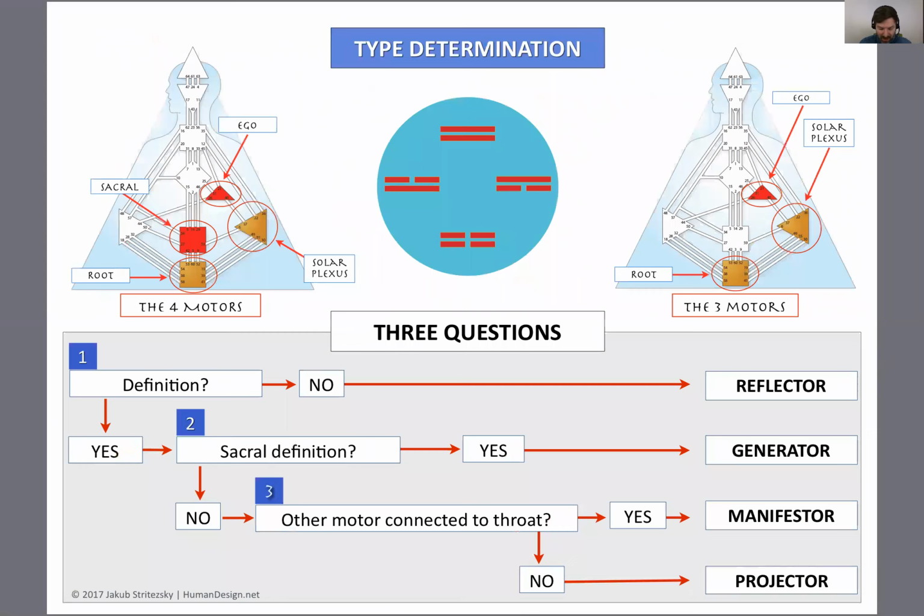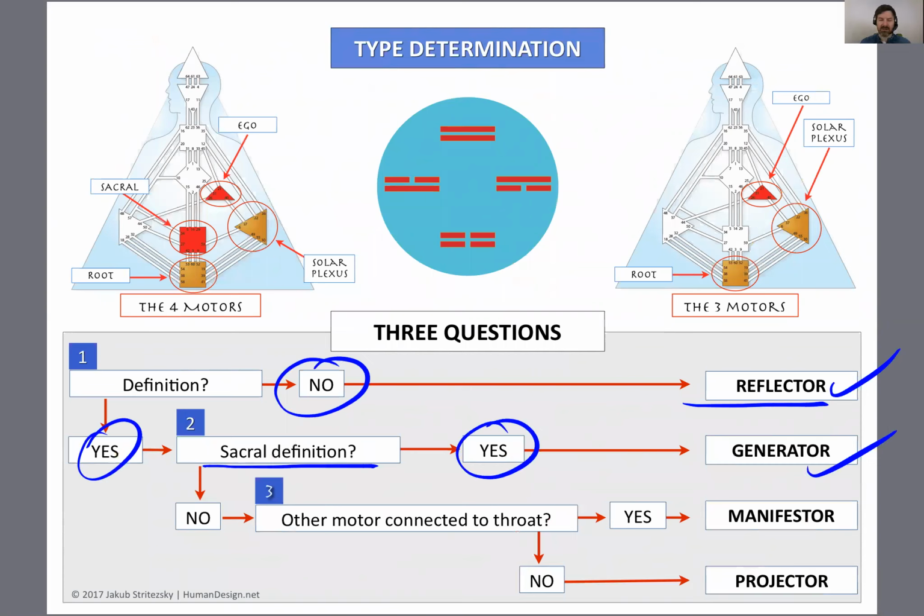So these two are kind of immediate. If there is no definition, straight away you can see at first glance that you're looking at the reflector chart. If there is a definition and the sacral is defined, immediately you can see that you're looking at the generator type. Then it gets a little more complicated in terms of experience, because you can see it anyway, but it takes a little longer to realize.